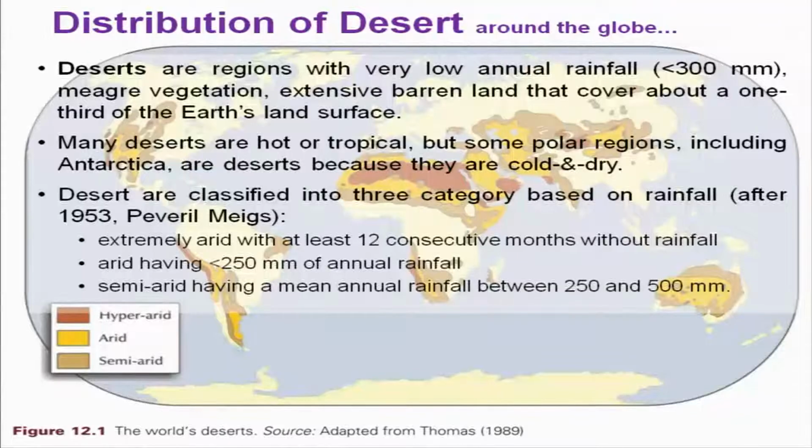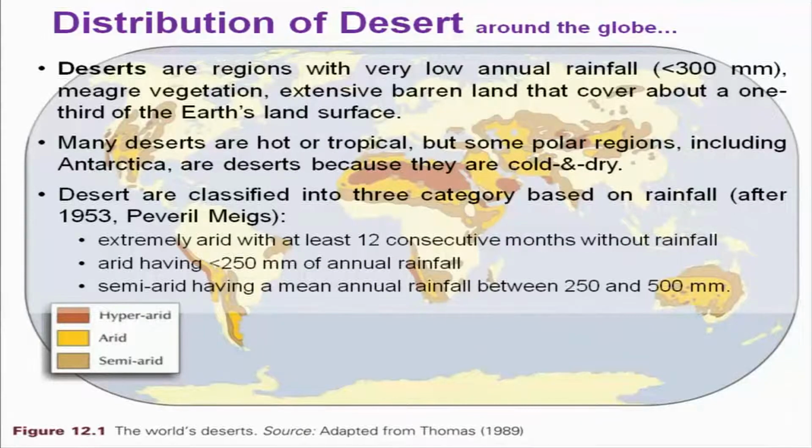So, when you say that the rainfall is less, of course, the water is not so much available as an agent. So, wind action will be more dominant in such regions. And then third is semi-arid regions with a mean annual rainfall which ranges between 250 to 500 millimeter.